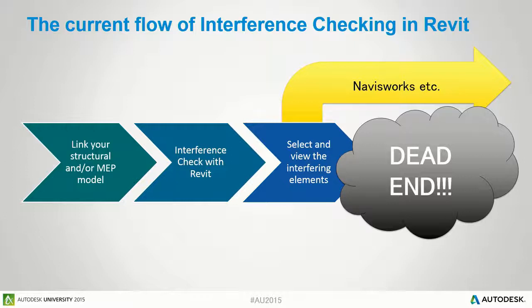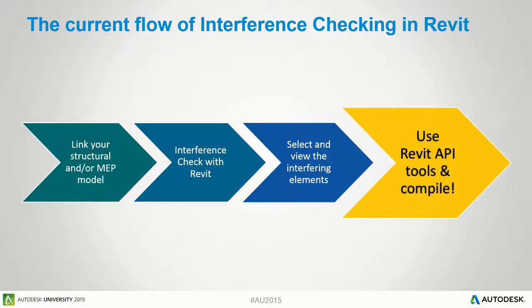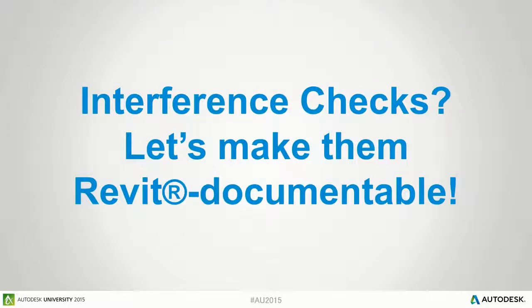Well, you will think it's just by using an add-in. Unfortunately, yes. So we need add-ins here to read the contents of the interference report file and do something with the results it will give us. So let's have a demo for this one. So let's make them Revit documentable.